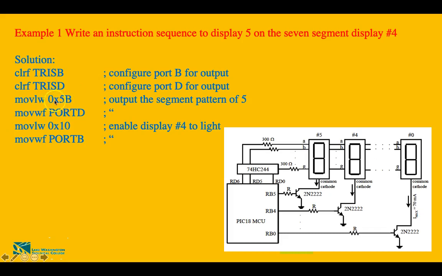Then move this value from the working register to the file register PORTD, and then move literal value 0x10 to the working register, which means enable display 4 to light, and then move W to F PORTB. So this one which you see here is for RB4, which means 0001 0000. You're moving this to port B so that this segment can be enabled.